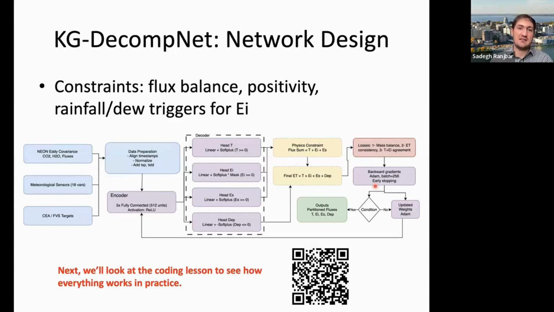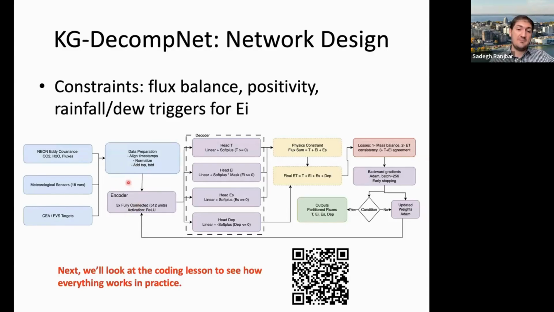The design here shows that our constraints flux balance, and that rainfall and dew trigger EI. For example, the input data are coming from NEON networks and meteorological sensors, and also our target is coming from CA or FVS targets from the ZAN 2024 data sets. And we did the data preparation, like aligning timestamps and normalizing, and also adding time since precipitation and time since dew events.